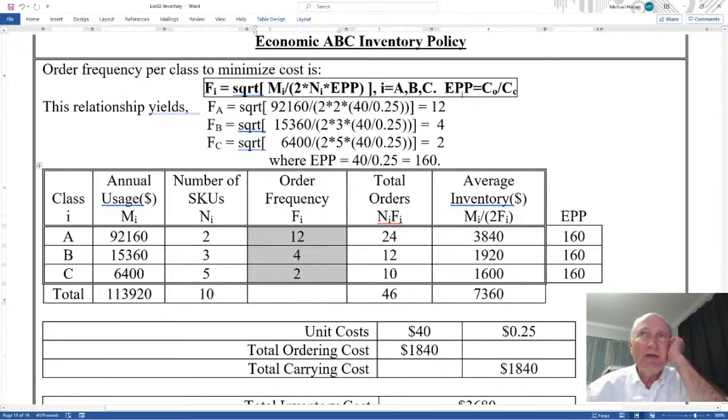Interesting. But the EPP is 160. Remember, the EPP is this ratio, but it also is the average inventory divided by the total orders. So if I take 3840 divided by 24, I get 160. Same for my B item and my C item. And let me ask you, if I take 7360 divided by 46, will I get 160? Yes.